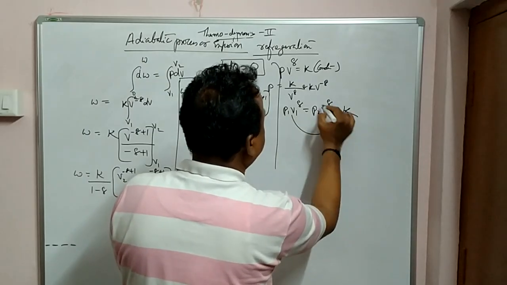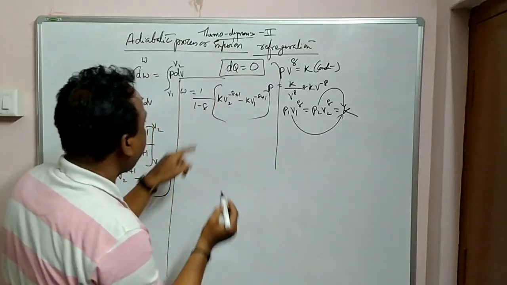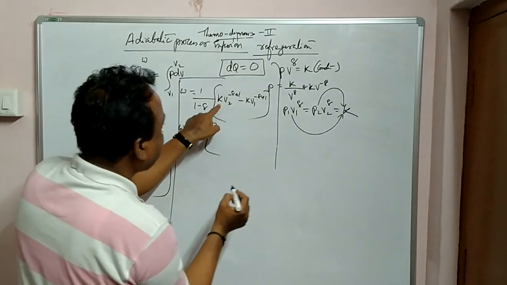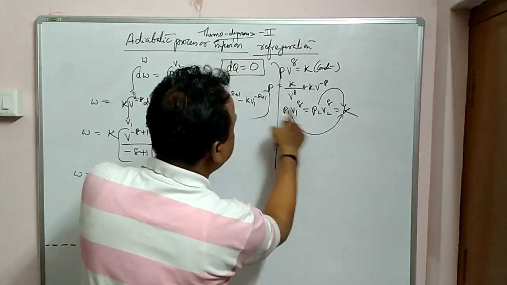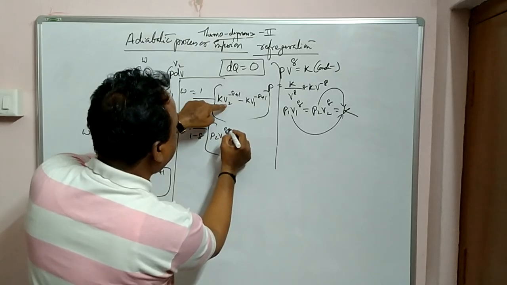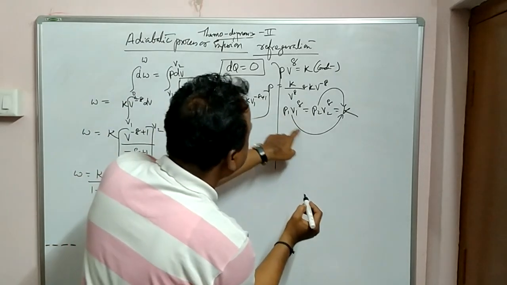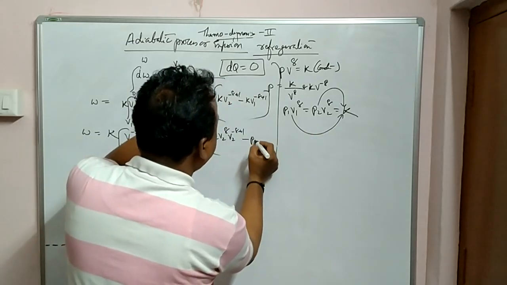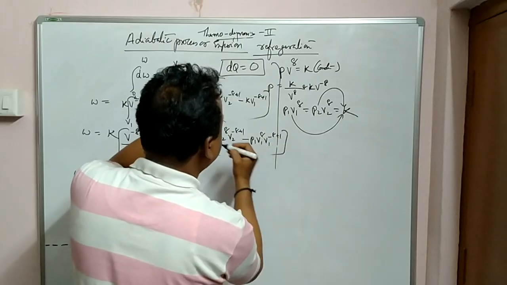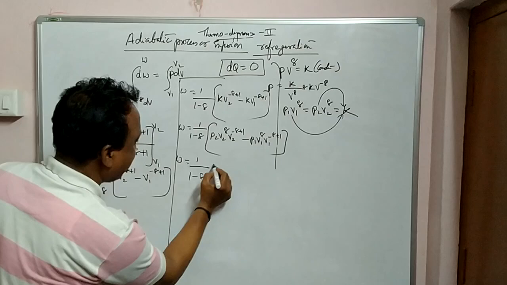So I can apply this in any fashion. So W is equal to 1 by 1 minus gamma. For the constant, take it in terms of V2: P2 V2 power gamma, V2 to the power of minus gamma plus 1, minus, for the other one, take the constant as P1 V1 power gamma, V1 power minus gamma plus 1.